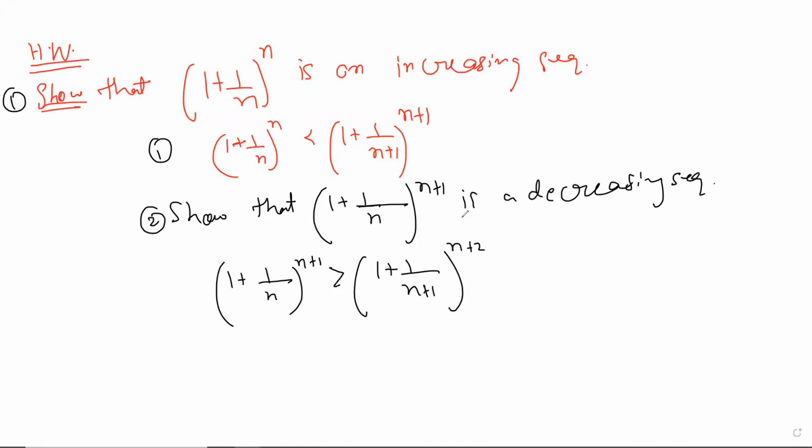Okay, so is this correct? Because, one minute, I'm just confusing myself. Okay, this may be correct, but I'll just do one thing. Let's leave this and just prove the first part.